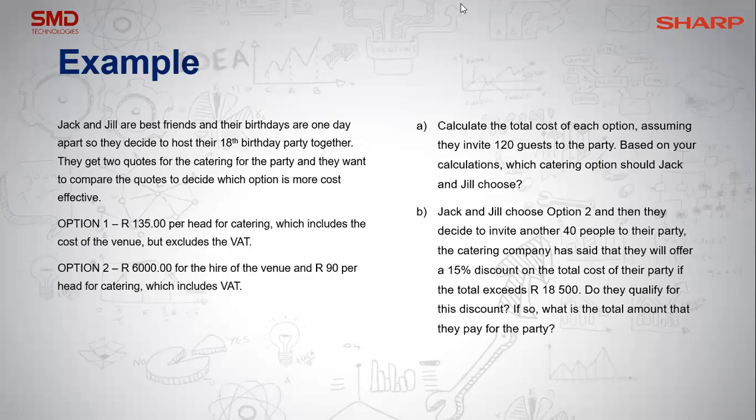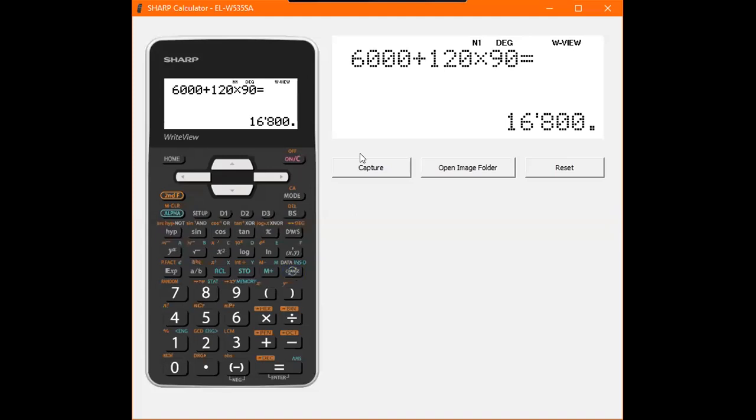Okay, so firstly, we need to add another 40 people at 90 Rand. So we're just going to add 40 times 90, and we get a total of 20,400, right? Then because it's over 18,500 Rand, we can get a 15% discount.